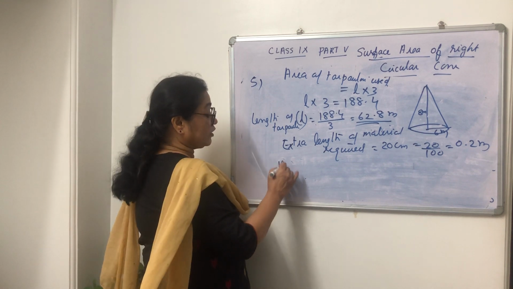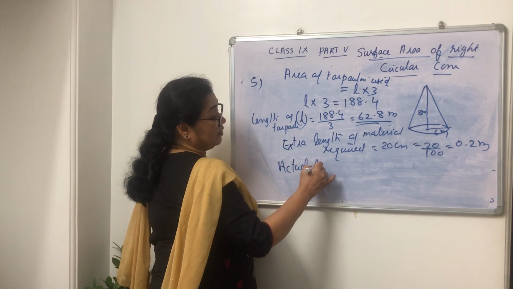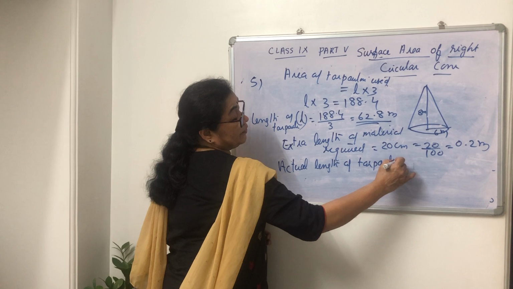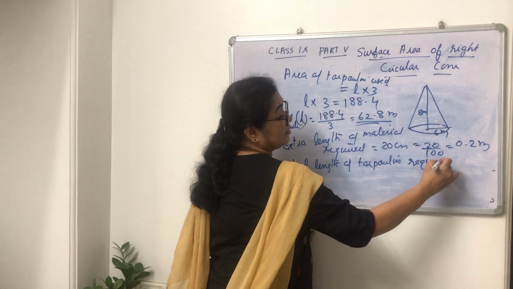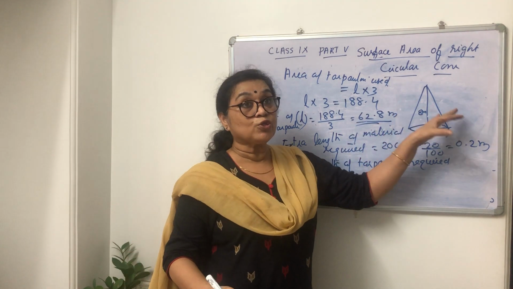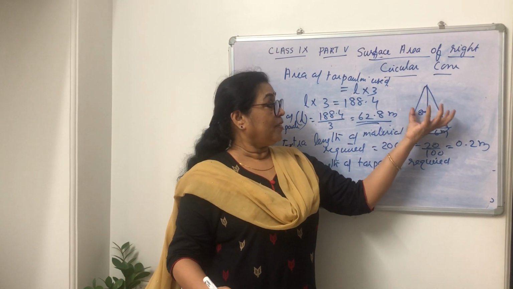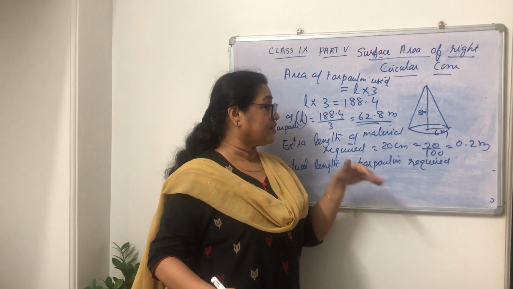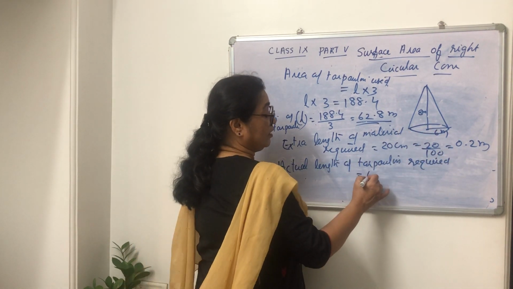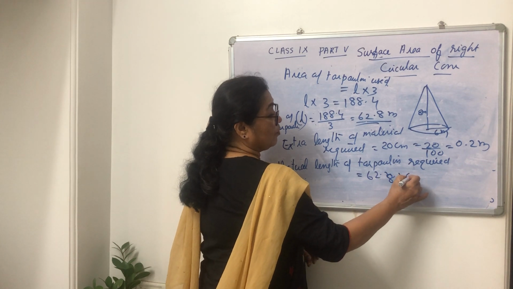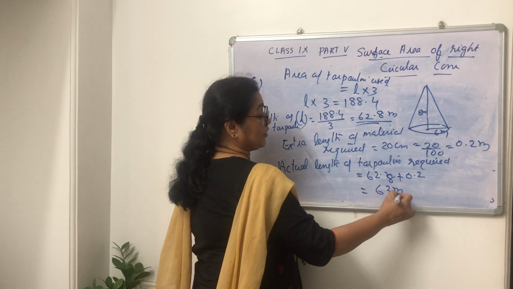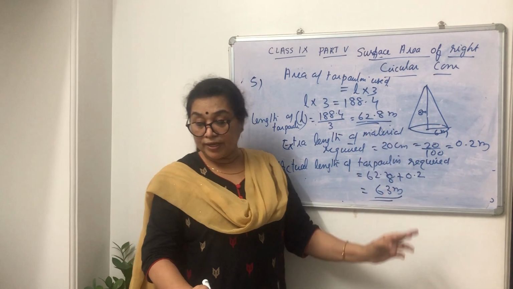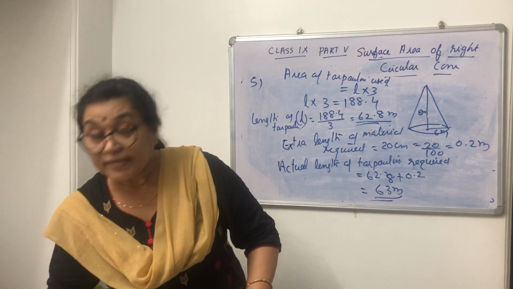Therefore, the actual length of tarpaulin required is this much, which we used for making the tent, along with the cutting and wasting, 0.2 meter. 62.8 plus 0.2, that is 63 meter tarpaulin is required for making this conical tent.